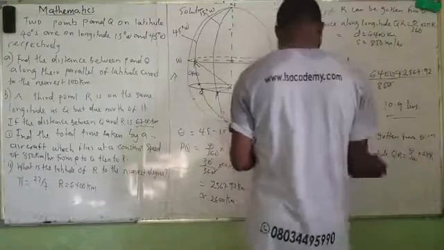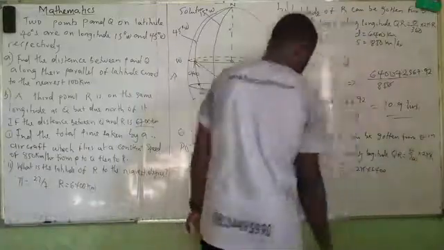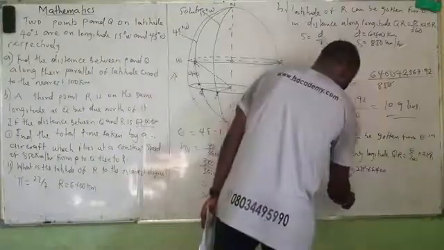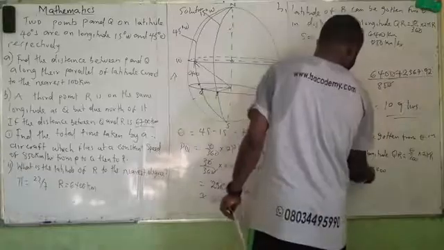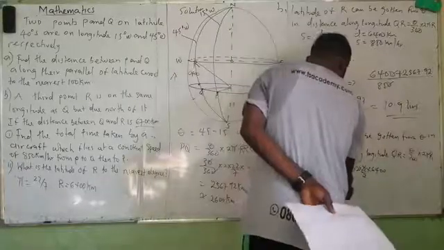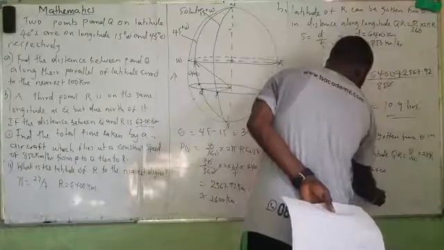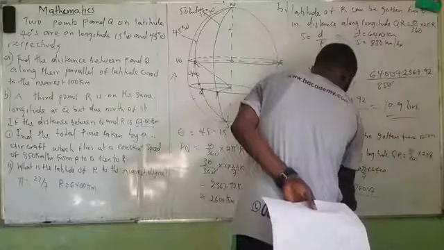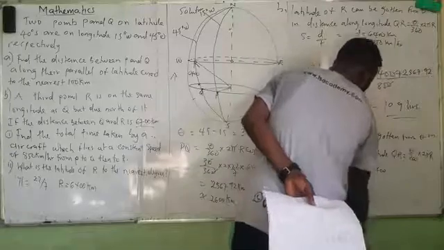I can now make theta the subject, which will be equals to 6,400 multiplied by 360 multiplied by 7 divided by 2 multiplied by 22 multiplied by 6,400.